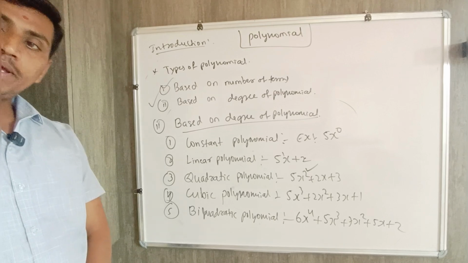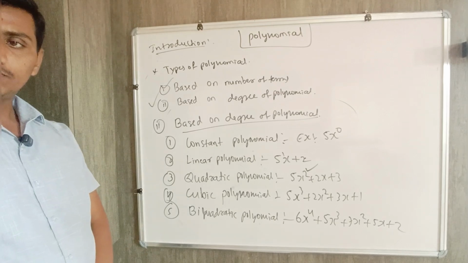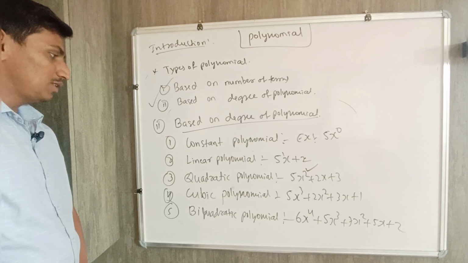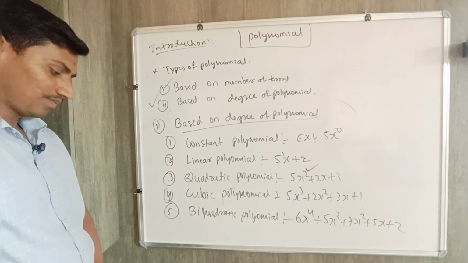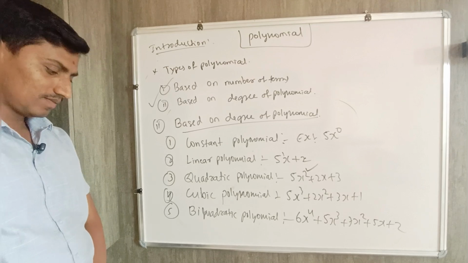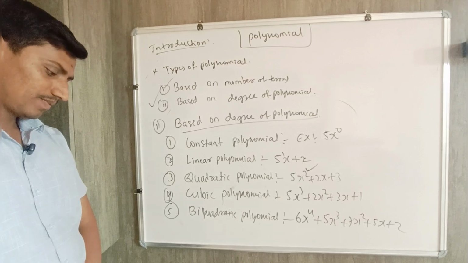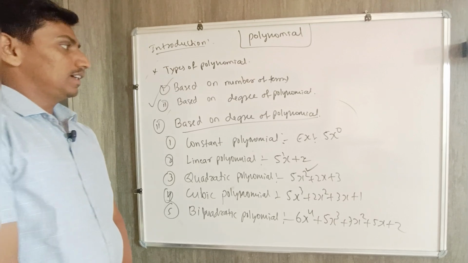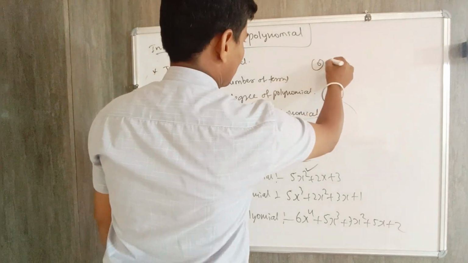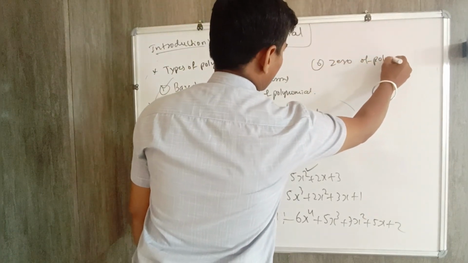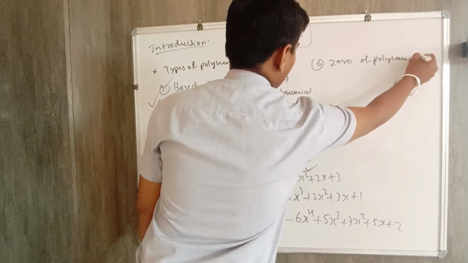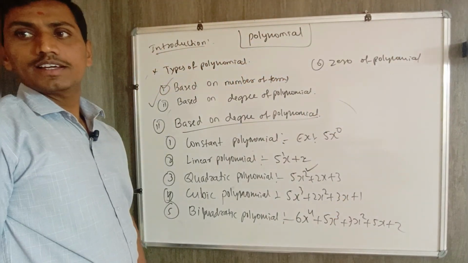And the zero polynomial. Tell me, for the zero polynomial, what is the highest degree?